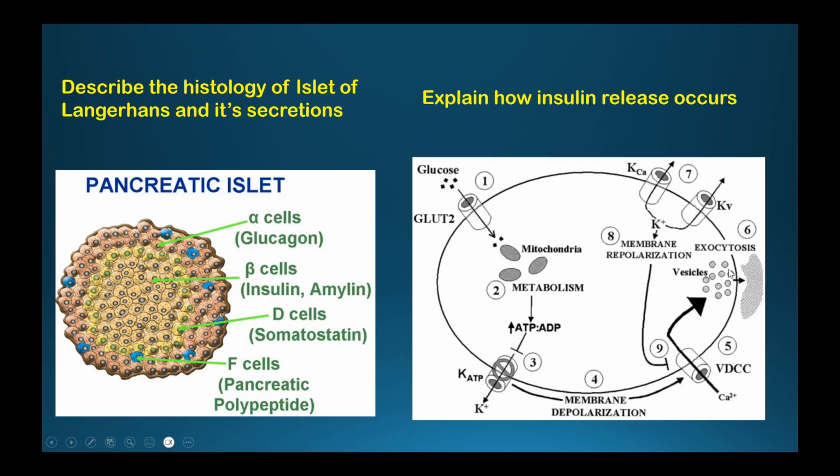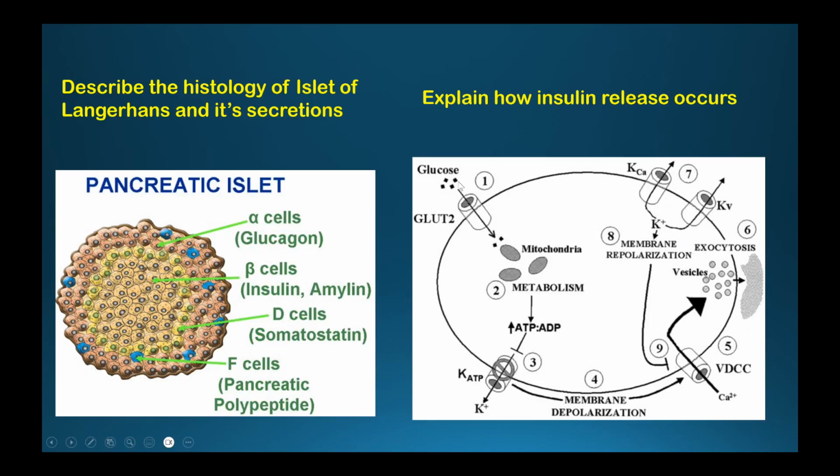So calcium enters the cell, and then just like the release of acetylcholine at the neuromuscular junction, the vesicles which contain the insulin undergo exocytosis, and the insulin is released. Then membrane repolarization occurs, potassium comes back and the whole thing settles down. So these are all the steps in the method of insulin release.